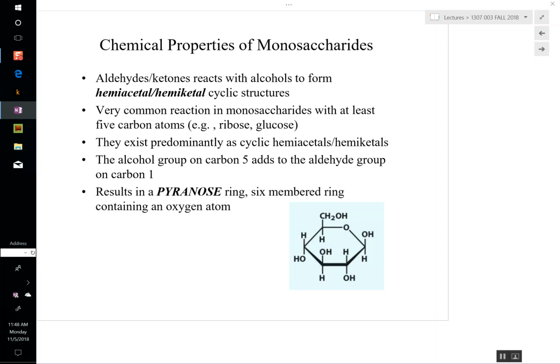Now let's switch over to glucose for a minute. What do we got here? We've got a carbonyl right at the top of the molecule. And we've got OH groups. So we have all the ingredients needed to form a hemiacetal. Now let me tell you what happens. Could it react with that OH?